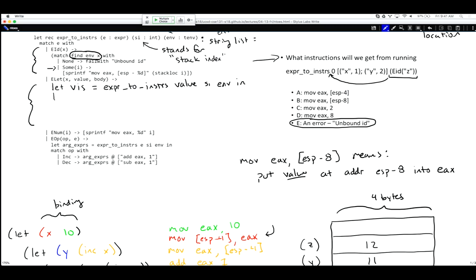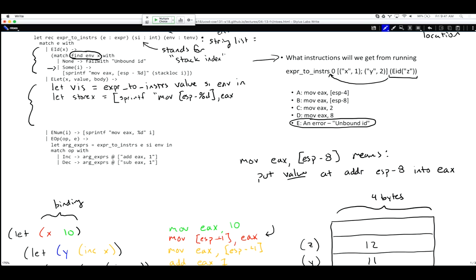So here I'm just going to give it a name. I'm going to call it let store x. And this is going to be a single instruction. So again, I'm going to write it as a list, but it's going to be a single instruction. And we sort of know from what we see here that it's going to have to be a move into memory. Right? We're going to move something into memory. And I'm going to fill it in with an integer.